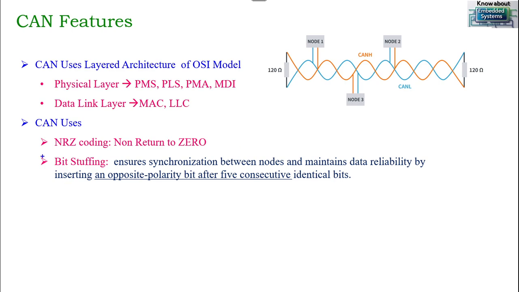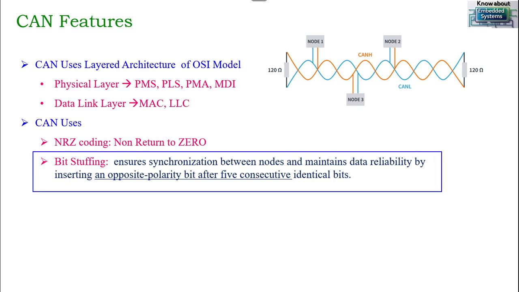Next, the CAN protocol also uses bit stuffing. So what is this bit stuffing? In order to synchronize all your network ECUs, if you're using 10 different ECUs, all 10 should be synchronized properly, there should be proper communication, and there should be no loss of data. To ensure synchronization between all the nodes or ECUs, and also to keep reliability, we use something called bit stuffing.